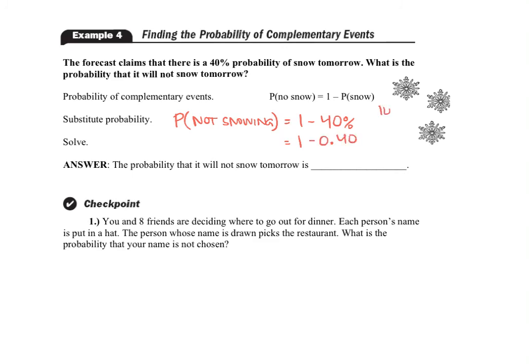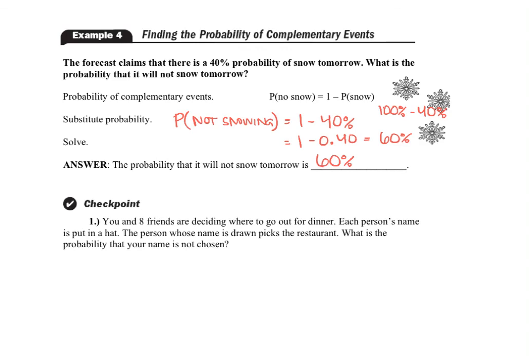Or you could also think about this as 100% minus 40%. Either way, you can make that 1 a percent, or you can make the 40% not a percent. Either way, we get 60% as my answer. So again, it's just the idea that if I know one event and one or the other has to happen, I can figure out the probability of it not happening.